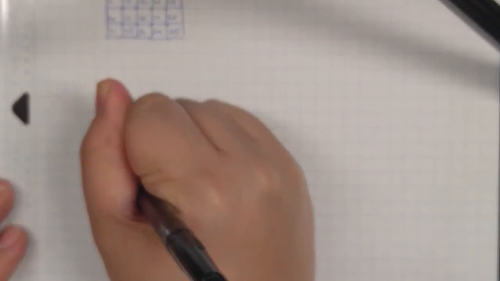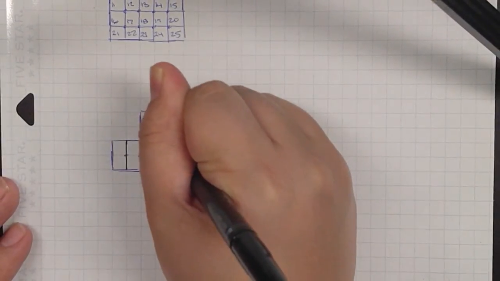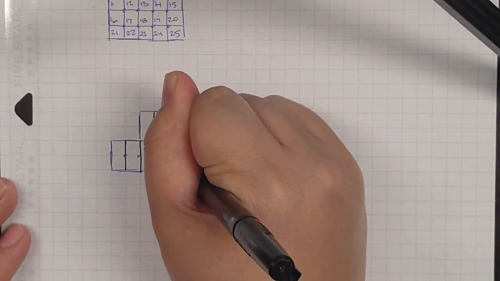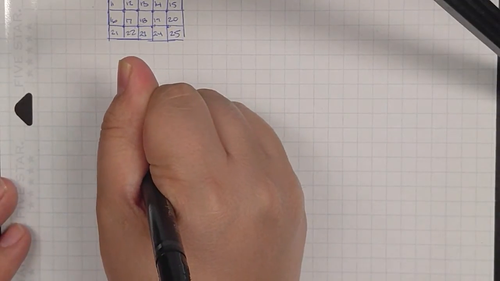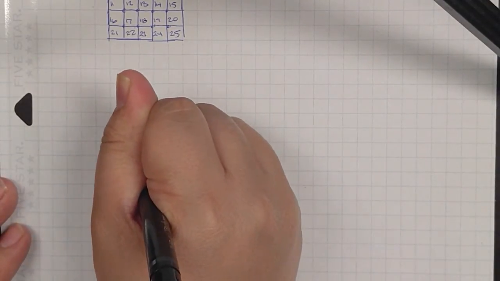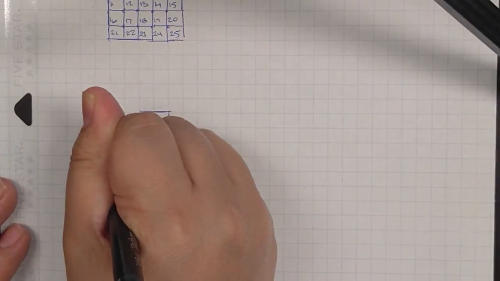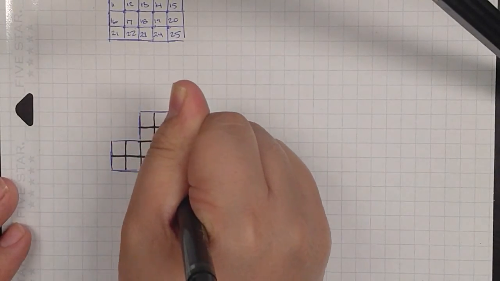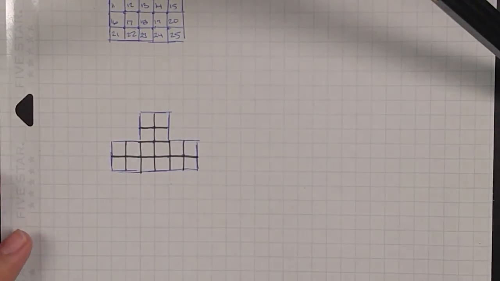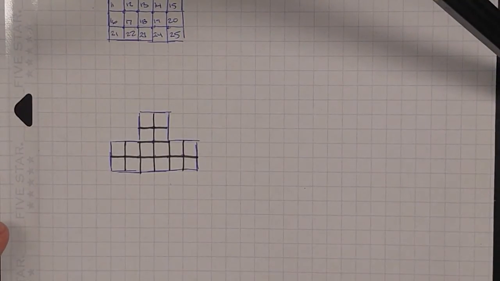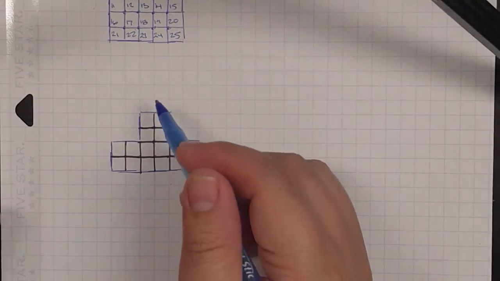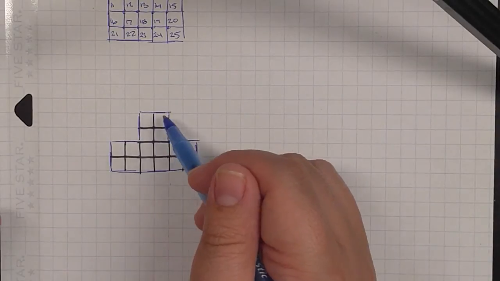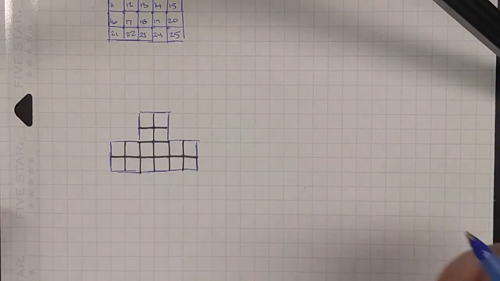I can connect my dots. Now I have my squares. And once again, all I'm going to do is I'm going to start from my top, and I'm going to go from left to right, top to bottom, and just number my squares.